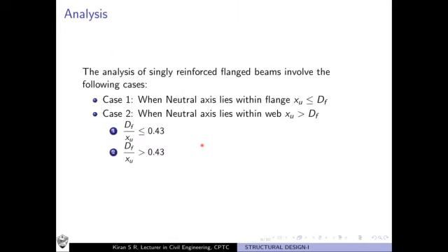Now, in the design of flanged beams, we are going to discuss two important cases: when the neutral axis lies within the flange or whether it lies inside the web. The first case, where the neutral axis lies within the flange, is a very important case, but it is very simple.